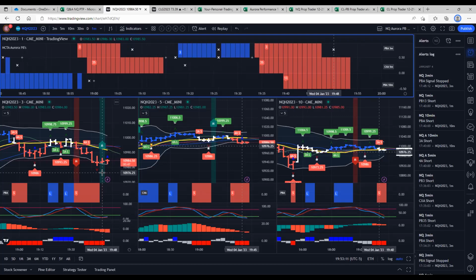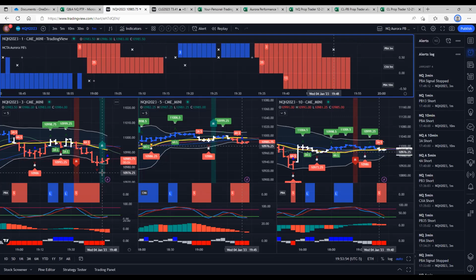Greg, we occasionally look into other signals to see if they can help with any filtering. Really what we found that we like best is what we're showing in the live trading room, the moving averages and the Bollinger Bands. We always let our prop traders track whatever else they want in addition to the signals that are our core for Aurora, so it's easy for me to go in and allow them to add whatever letters they want at the end of a PB3 or a 4A to track various things they are seeing in the market and ways to filter out trades.